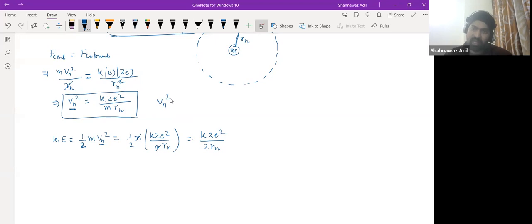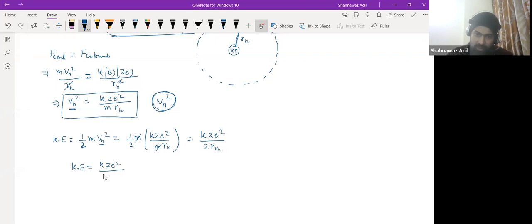We directly calculated this Vn square, and this Vn square value we are just putting in, right? Is it okay? Yes, sir. We just directly wrote this Vn square value. So kinetic energy, how much?